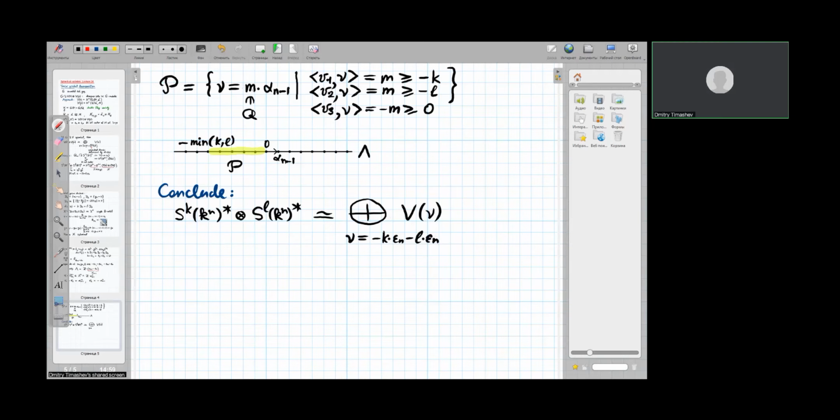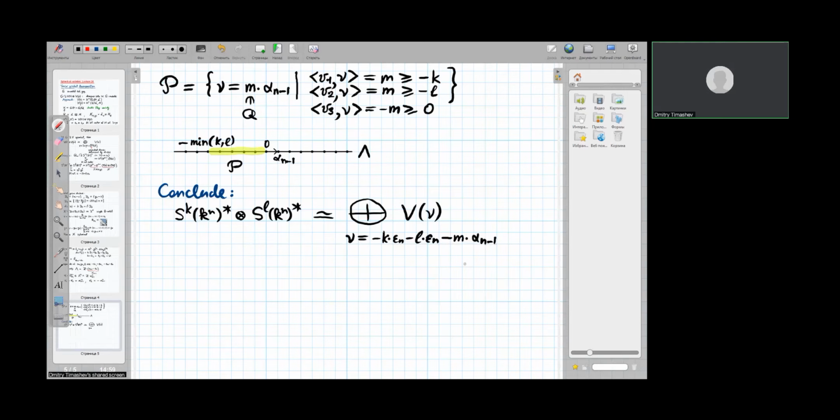So I will change the sign for convenience. So here m is non-positive, and for me, it will be convenient to have m non-negative. So I will write minus m alpha n minus 1.